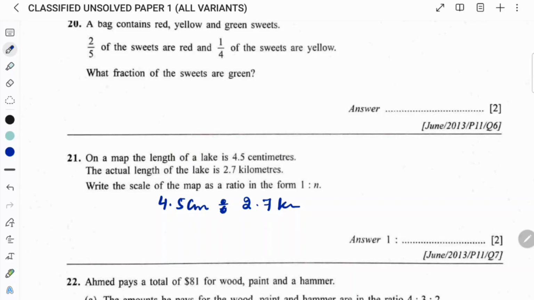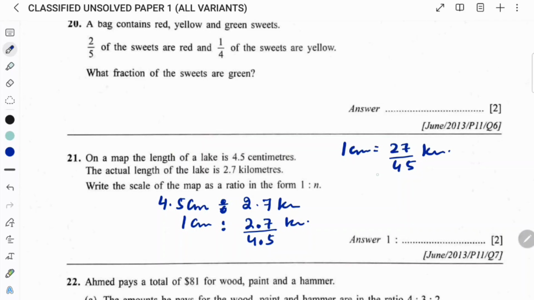So 1 centimeter is 2.7 upon 4.5 kilometers. Here both the numbers have the same decimal place, so we can write 27 over 45 kilometers.